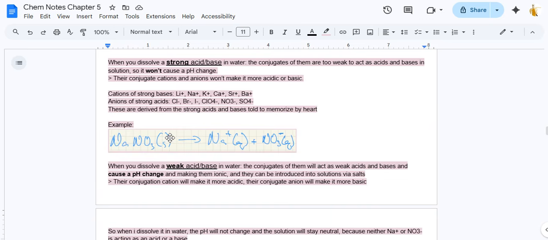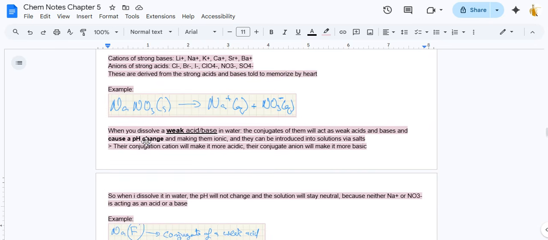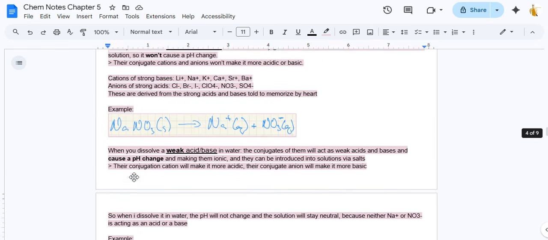The water is included here in the equation, but first of all, this is a salt and this is a salt.